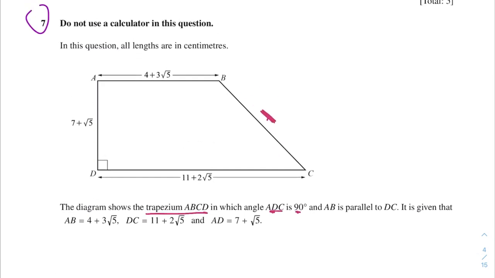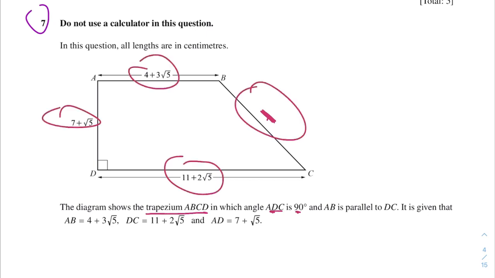Because that is what we need. If we don't know the BC, we cannot find the perimeter. Why? Because we have this, we have that. All that we are left with is BC. And if we know BC, then we are done with the question. Okay. Now, how do we proceed from here?